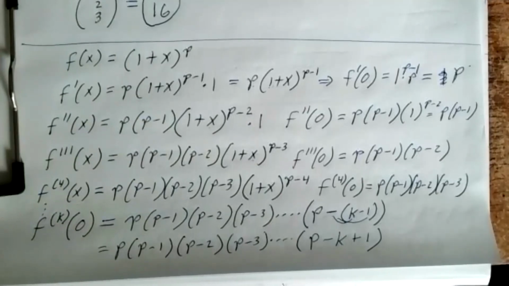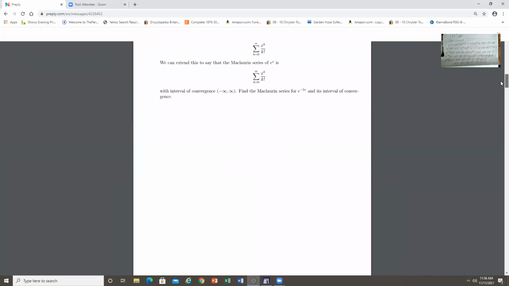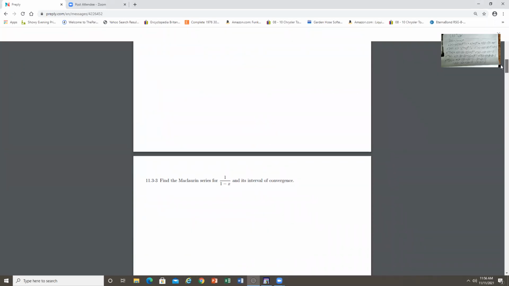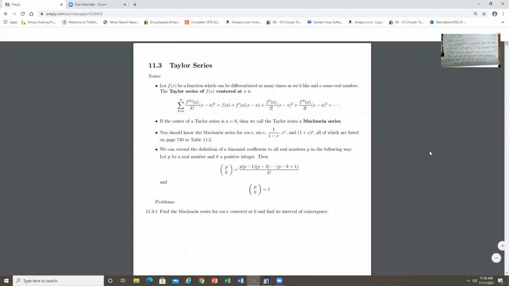We saw that way back at the top here. Isn't that the numerator here of this combination? Well, look at that. We have the numerator of our combination there, p in combination with k. Isn't that neat?